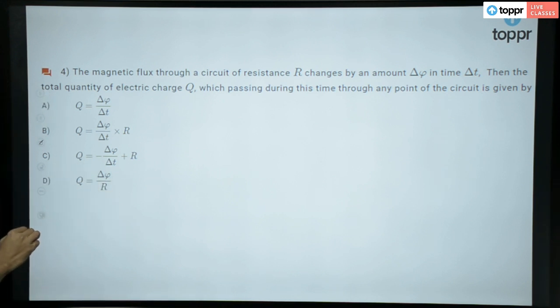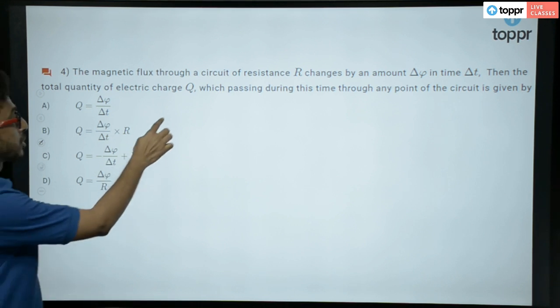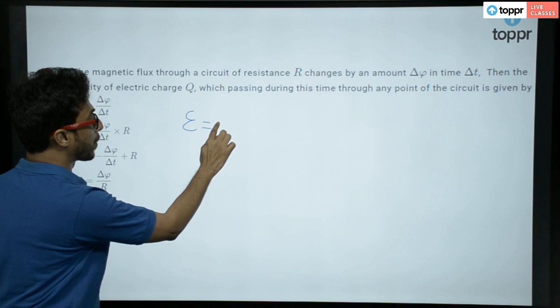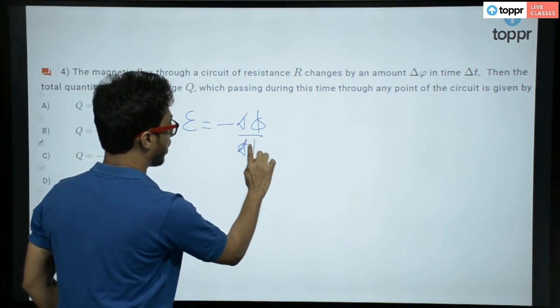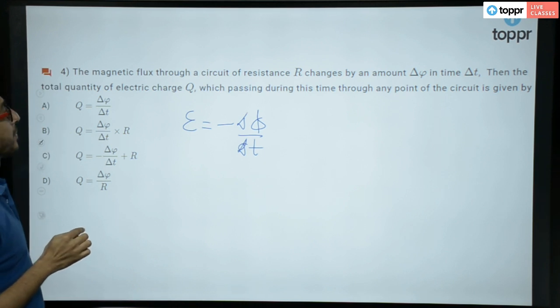Okay. Now this question is a small numerical application of the previous concept. Very interesting question. The magnetic flux through a circuit of resistance R changes by an amount del phi in del T. Then the total quantity of electric charge Q passing during this time through any point is given by... So EMF equals minus del phi by del T, right?